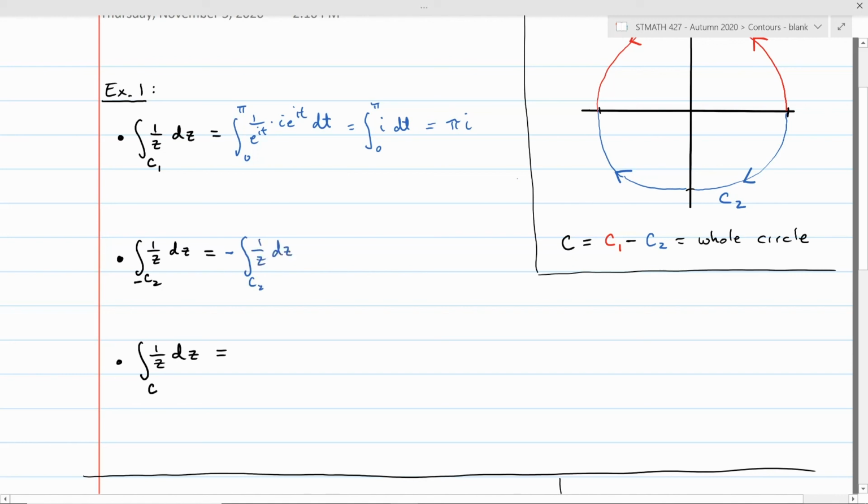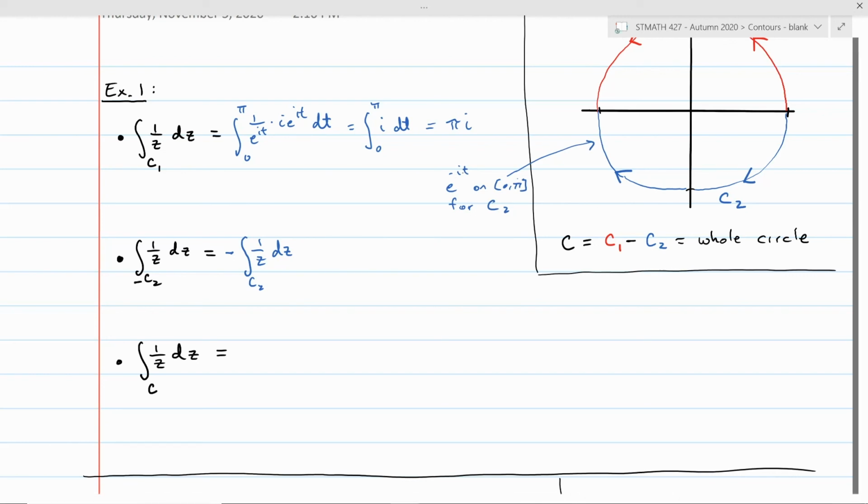Maybe it'd be easier to find a parameterization for C2, so I could do e to the negative it on 0 to pi for just C2. C2 is already running in the clockwise direction, the reverse direction, so if I put a negative on that t in the exponent, it just forces it to run backwards.